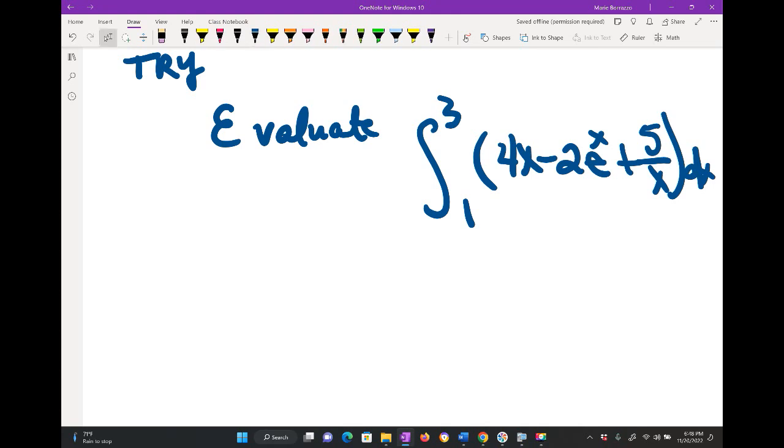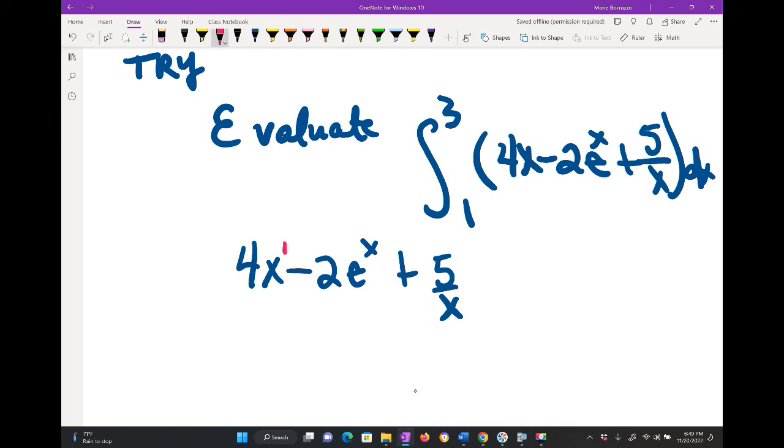So again, I remind you that if you take the 4x minus 2e to the x plus the 5 over x, we're going to find its antiderivative. The rule of thumb is there's a 1 sitting here. We're going to do plus 1 divided by 1 plus 1.